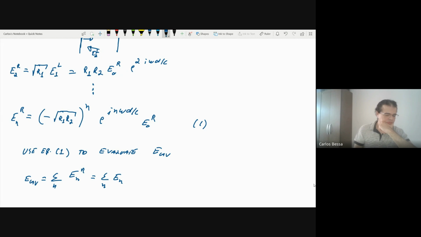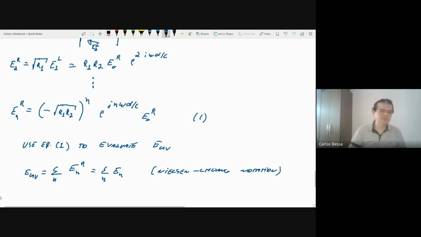So using Schwang notation, E cavity will be the sum from n equals 0 to infinity of En, which will give us E0 plus E1 plus E2 plus so on.